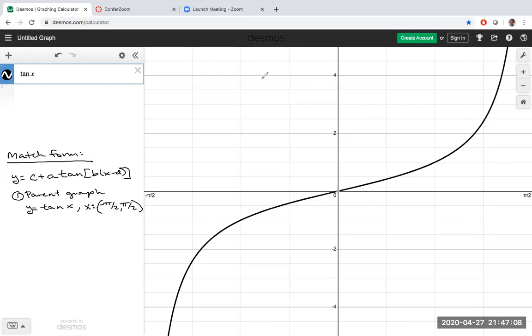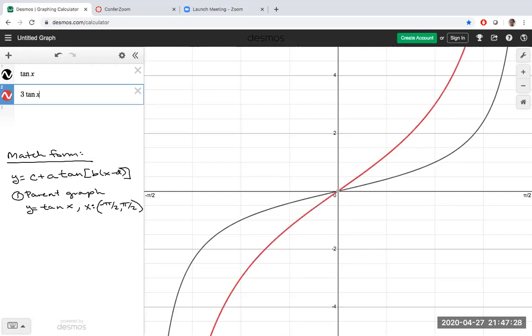Now let's see what A does. Let's go ahead and add, we'll put 3 for A. Okay, so for this part, let me make a little table.